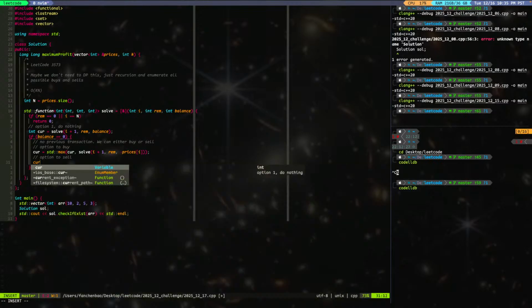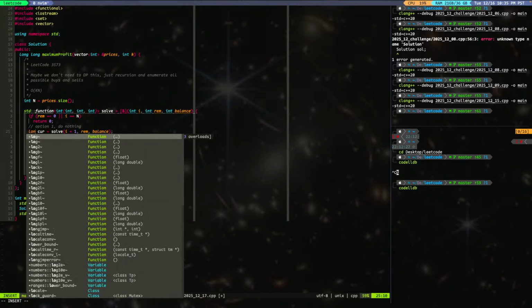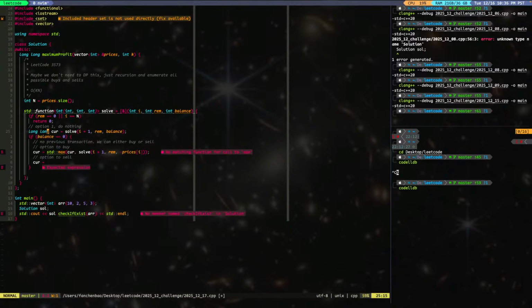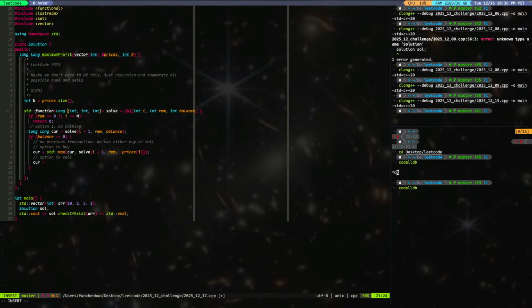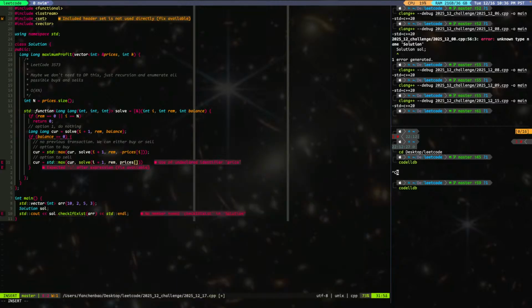So current is going to be a long, which means this needs to return a long. So std max current, solve I plus 1, remaining and price is I.